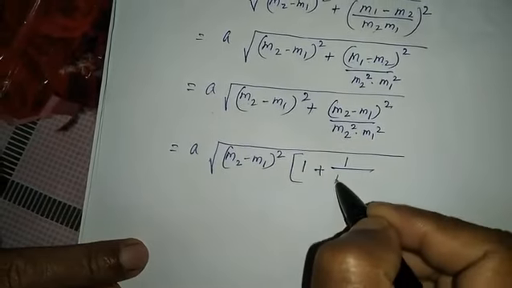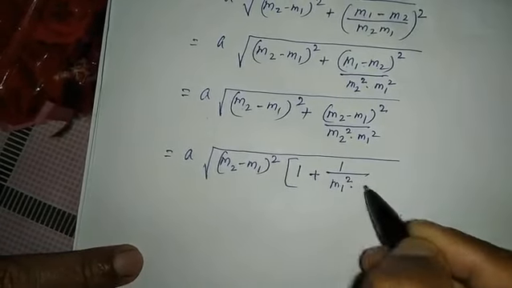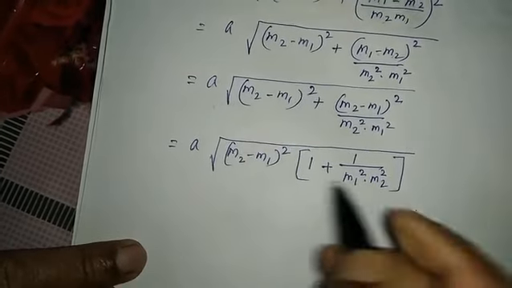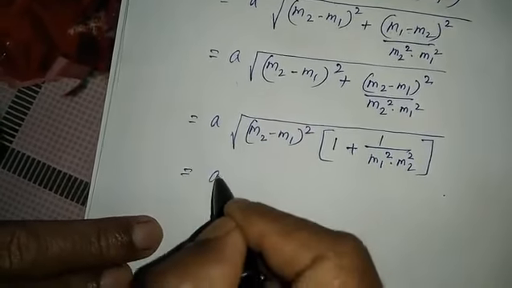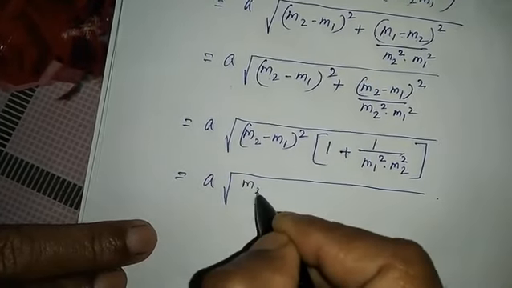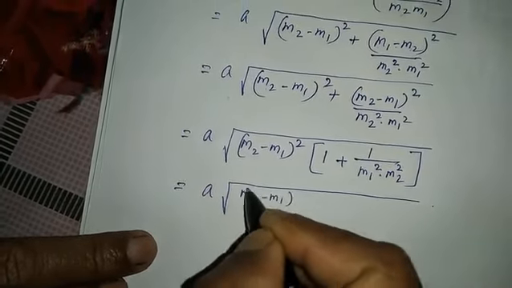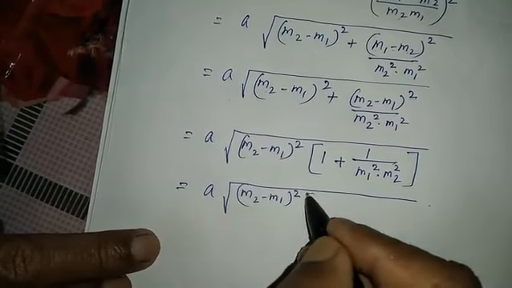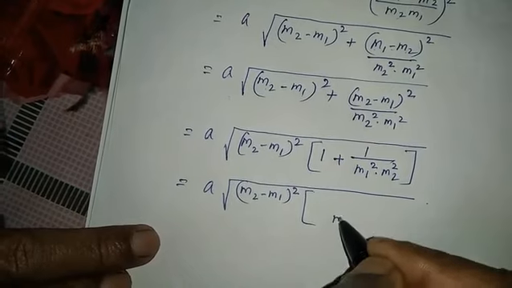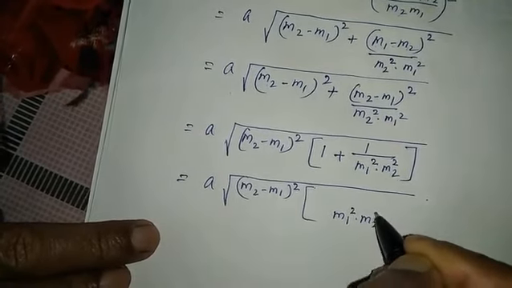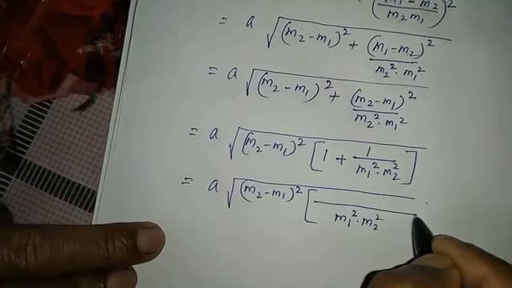First we can write m1 square into m2 square, close the bracket, equal to a into square root of (m2 minus m1) square. Take the LCM and adding. So when you take the LCM, we get m1 square m2 square is the LCM.